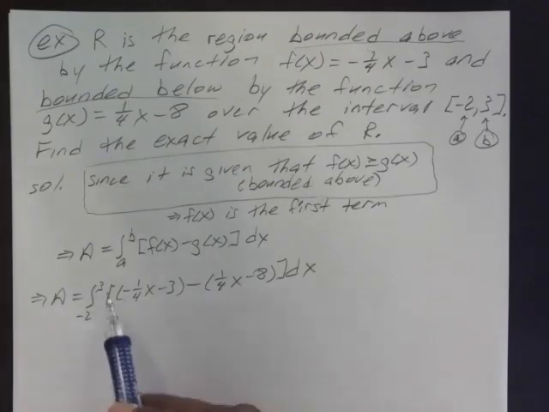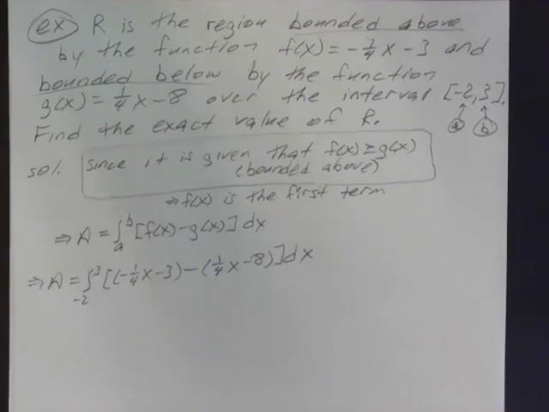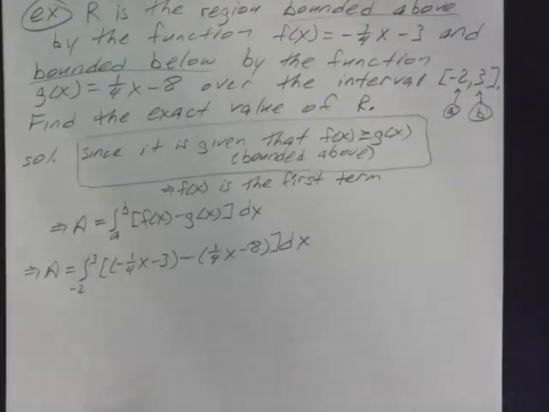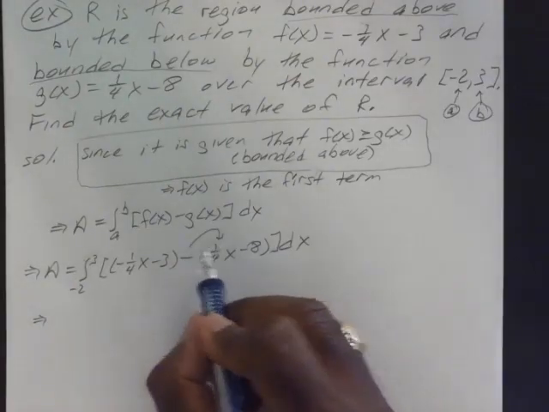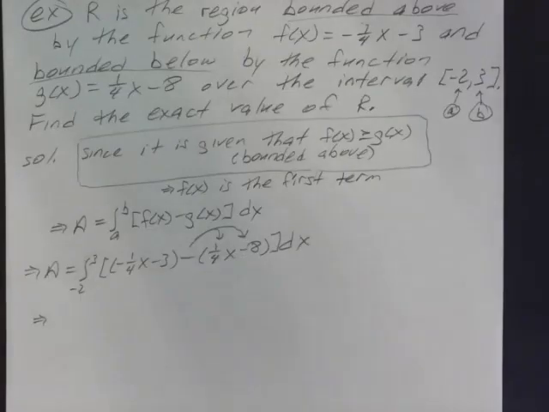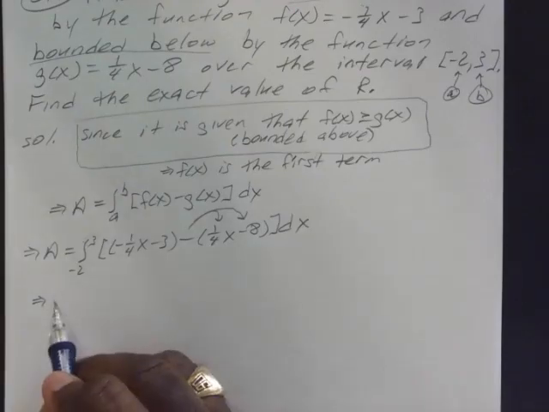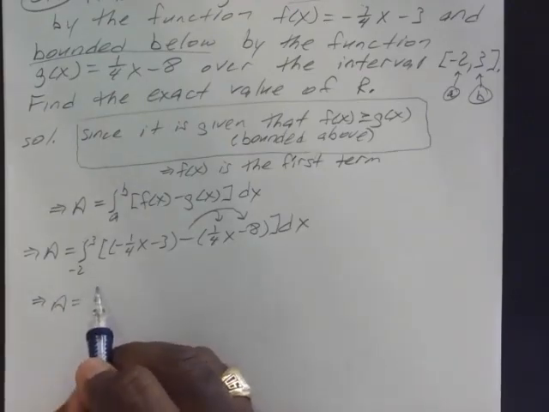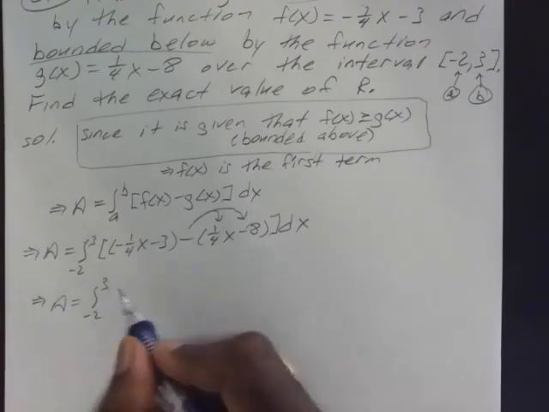Now, if you wanted to, you could just distribute that integral and solve it that way, but normally I like to just simplify it in there so I can just integrate once. So we just have to go ahead and distribute that -1. So the area is equal to the integral from -2 to 3.